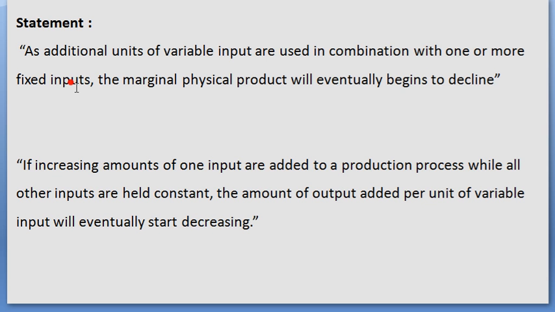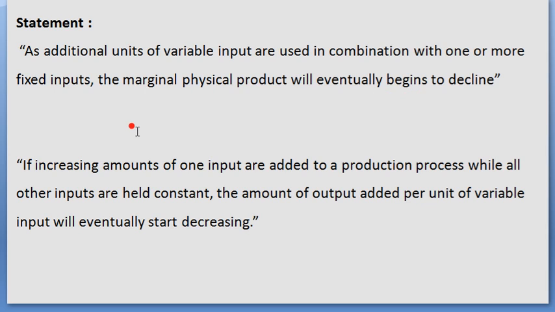Let me explain the statement of this law. First statement: as additional units of variable input are used in combination with one or more fixed inputs, the marginal physical product will eventually begin to decline.